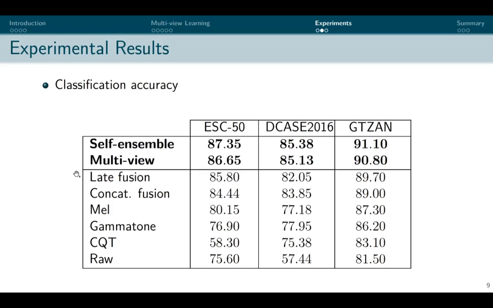We compare with different baseline systems: late fusion, simple concatenation fusion, and the four networks trained on the four different inputs separately. The results show that the network with adaptive gradient blending learning from multi-view outperforms the baselines, including late fusion and simple concatenation. Furthermore, when we leverage multiple outputs of the network to form the ensemble, we obtain further improvement in performance.